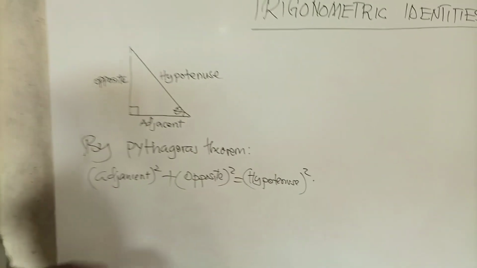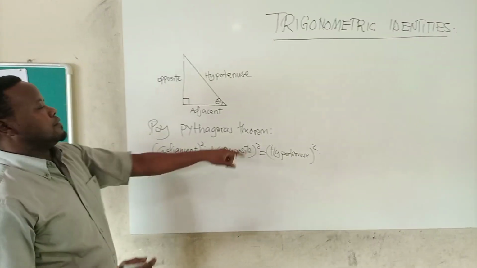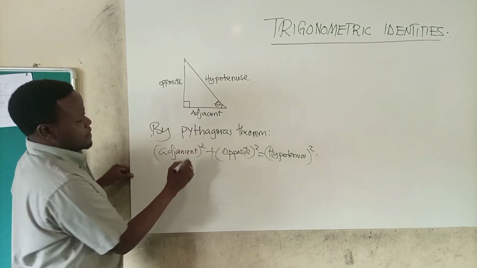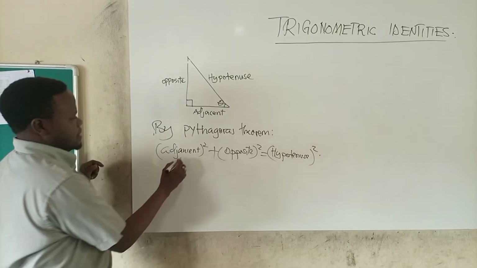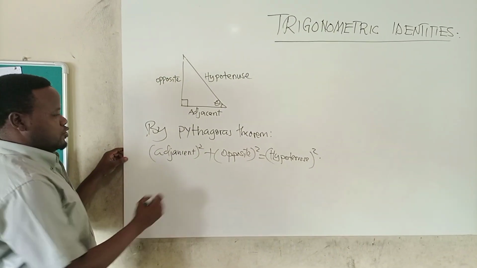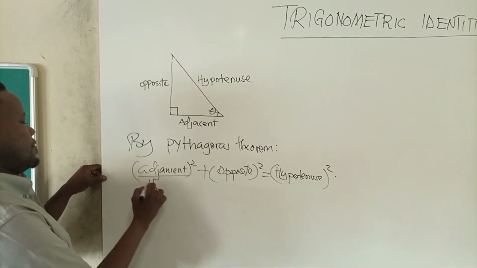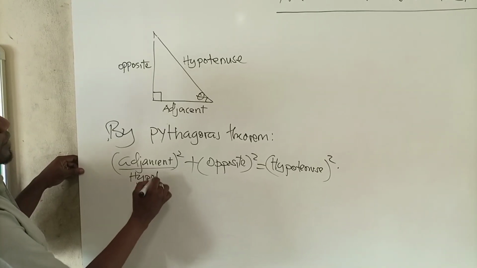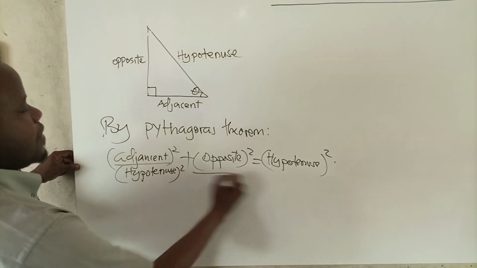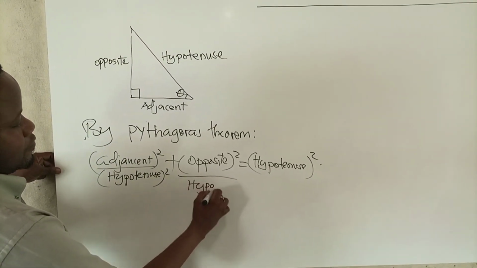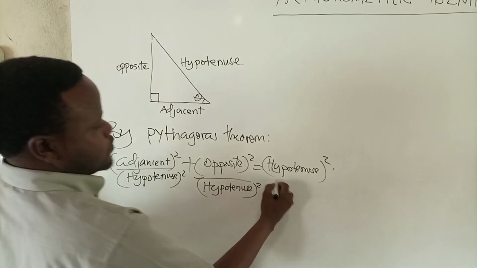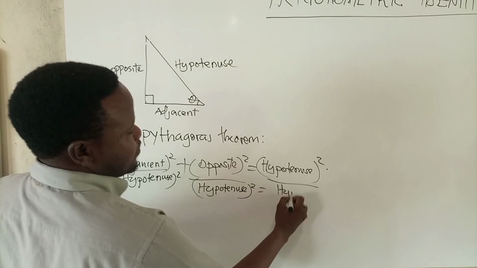So we call this Pythagoras. Then from here, we can say that if we divide by hypotenuse, hypotenuse square divided by hypotenuse square is equal to this one also divided by hypotenuse square.